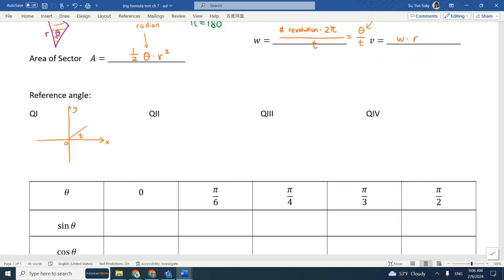And then the reference angle is the angle made by the terminal side and the x-axis. Do you see here the reference angle is the same as t? The reference angle t prime equals t. That is in the first quadrant. So you draw the picture, then you can see. Okay. Quadrant 2.